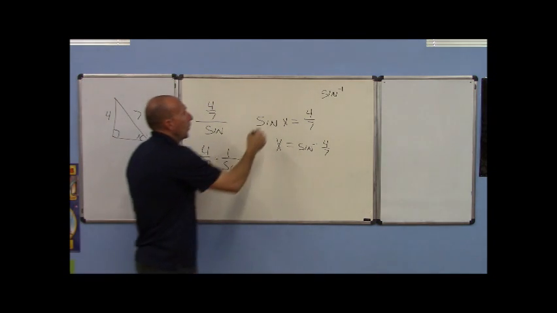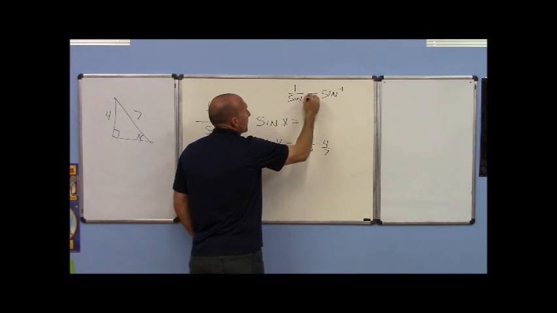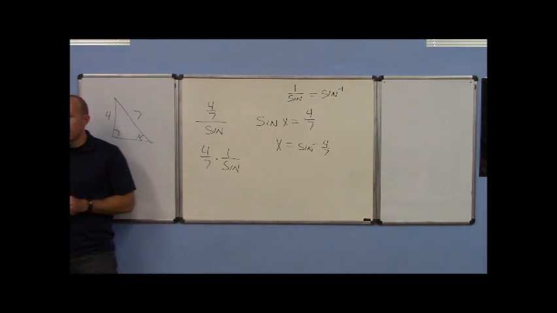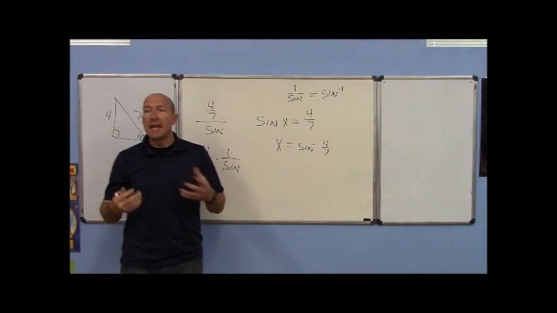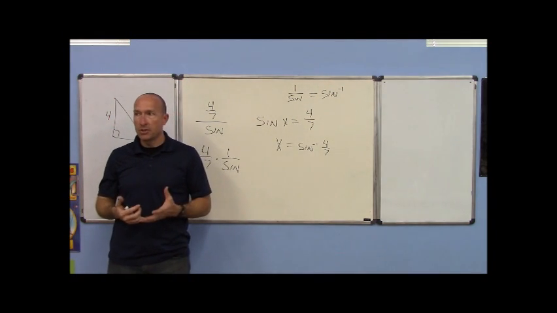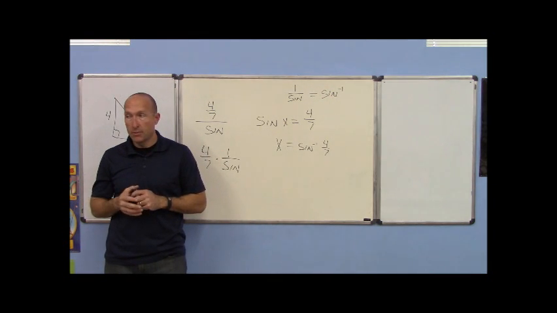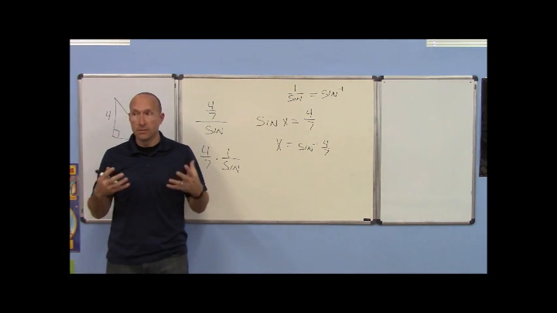So 1 over sine will end up being the arc sine. If you don't have an arc sine option, you can still calculate information given what you have here. We're going to go through some examples on how to do that, but it's good to understand this concept first so you know what you're doing.